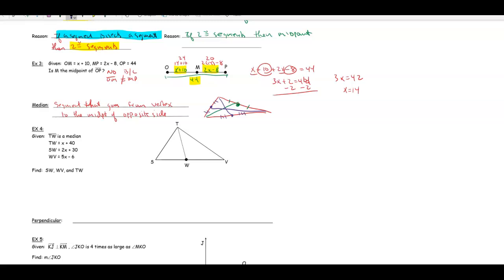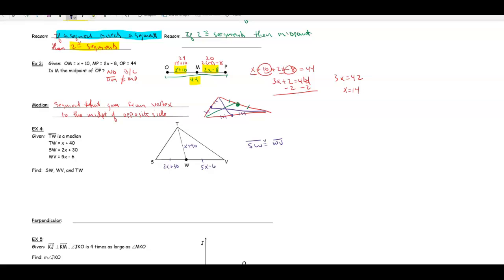So right away they give us TW is a median. So if TW is a median, I know right away SW is congruent to WV. Now if TW is x plus 40, SW is 2x plus 30, and WV is 5x minus 6, they want us to find all of these segments.